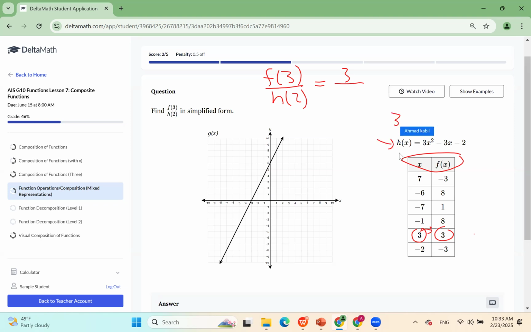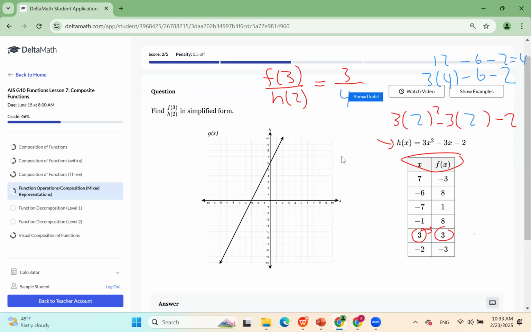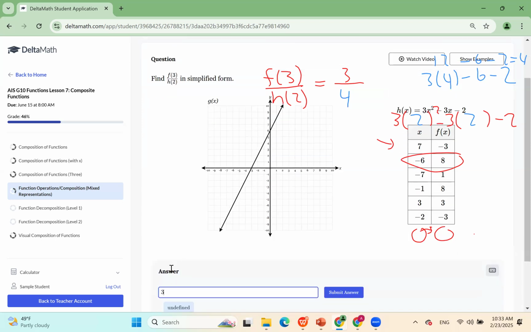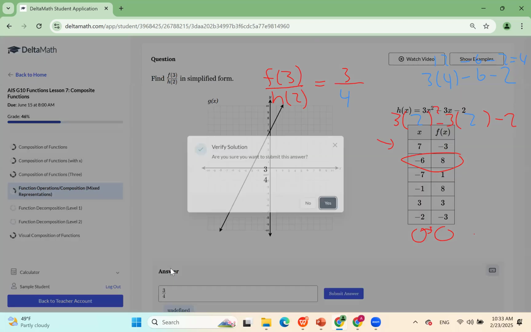So here we have 3 bracket power 2 minus 3 bracket minus 2. And we put 2 inside the bracket. So 3 times 4 minus 6 minus 2. So 12 minus 6 minus 2, and this is equal to 4. So 3 over 4 as the final answer. We just write 3 over 4.